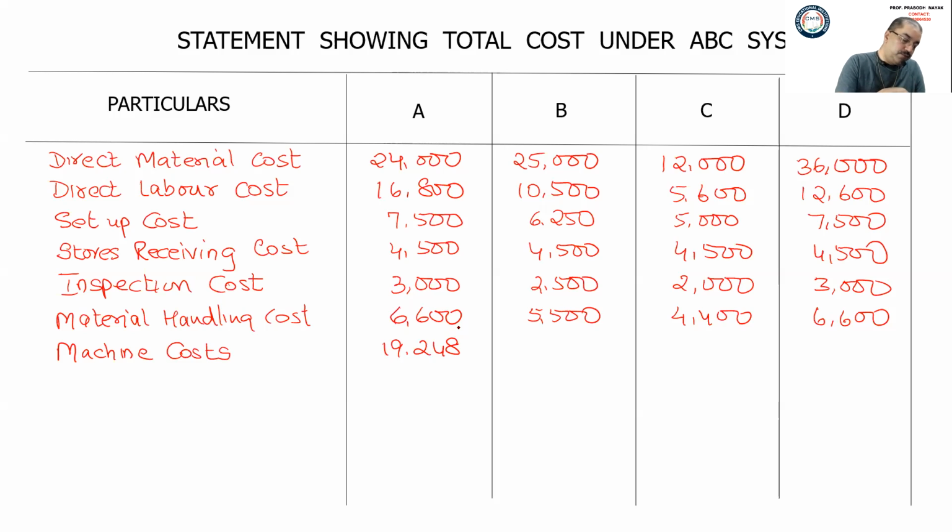Then 12,030. And 6,416. Then 14,436. Now take the total of all these costs.